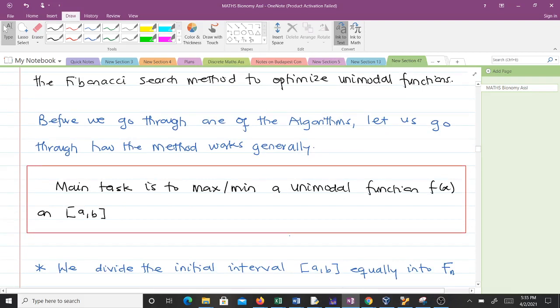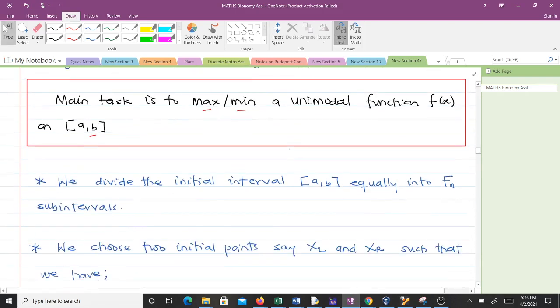So the main task here is that we want to maximize or minimize a unimodal function f of x on an interval AB. In doing this using the Fibonacci search method, we divide the initial interval AB into fn sub intervals. This fn here is a Fibonacci number.